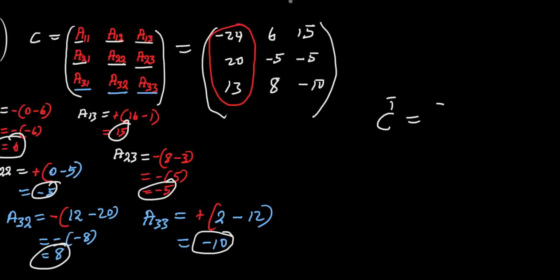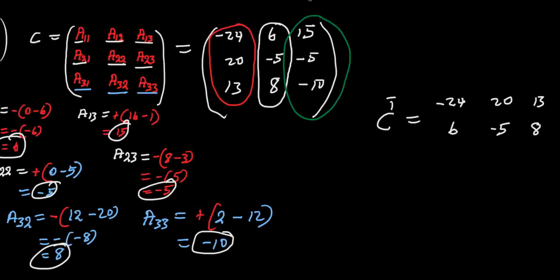So this will become negative 24, 20, and 13. And then the second column, we'll write that as a row. So this is 6, negative 5, and 8. And then the last column, we can write that as a row also.